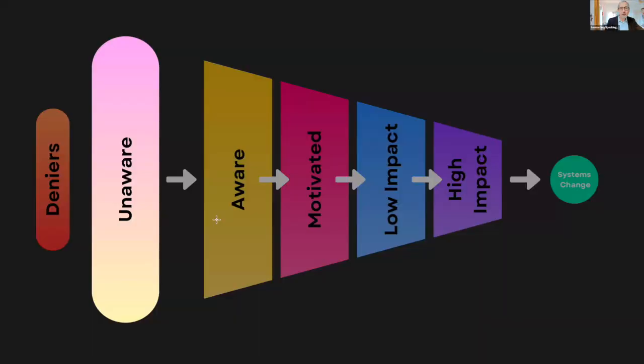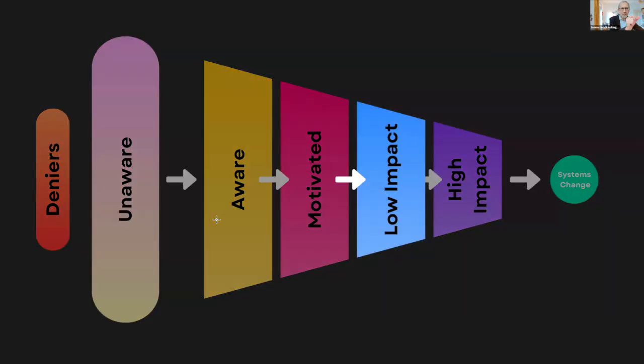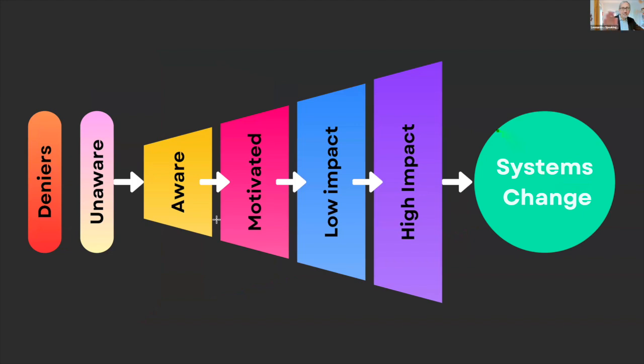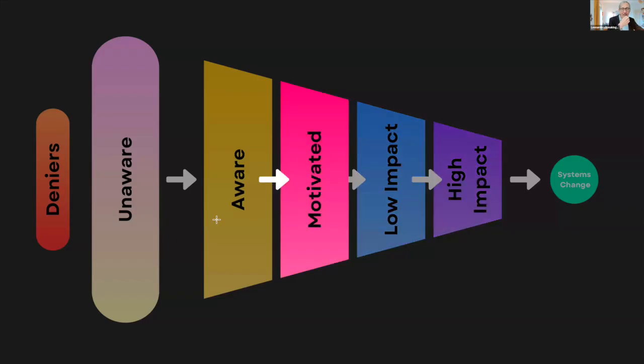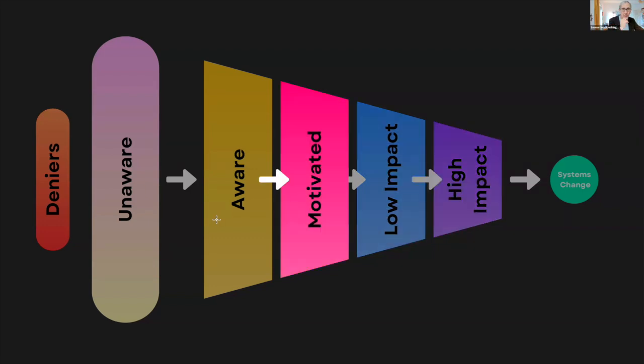Slides again. At the end, I think you had different types of slides for unaware, aware, motivated, low impact, high impact, highlighting each one of them. Either you forgot to click through or it didn't work. I think I did. It's not what I saw.